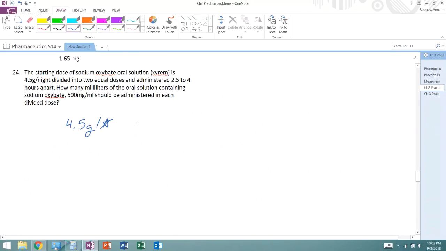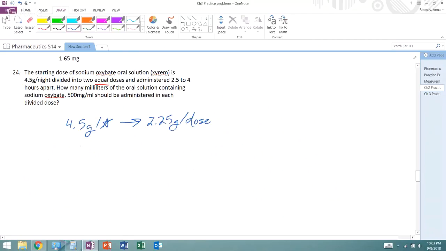Okay, so if we were administering this a couple hours apart, you would have 2.25 grams a dose, right? And it's supposed to be equal doses, so we have done that.